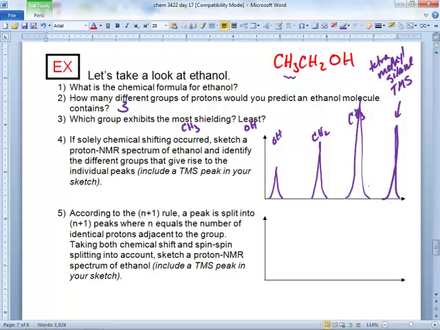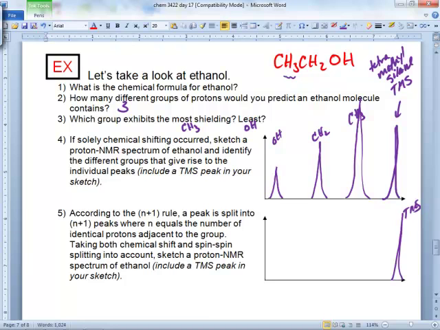According to the n+1 rule, a peak is split into n+1 peaks. N is the number of identical protons adjacent to the group. So taking both chemical shift and spin splitting into account, sketch a proton NMR. We have this TMS thing; don't worry about it, we'll talk about it later. There's our TMS.